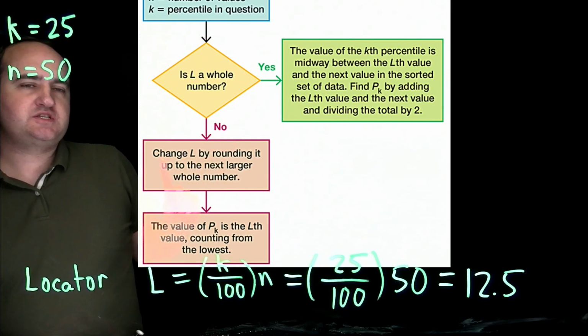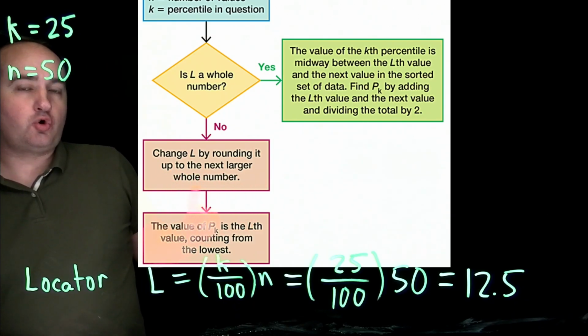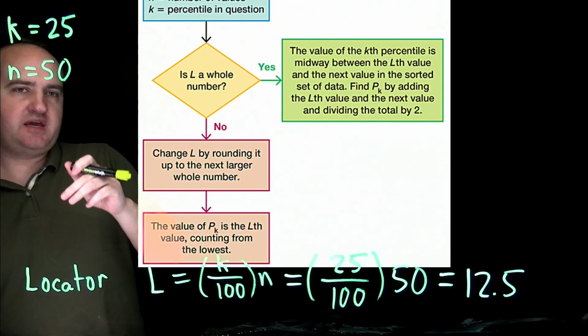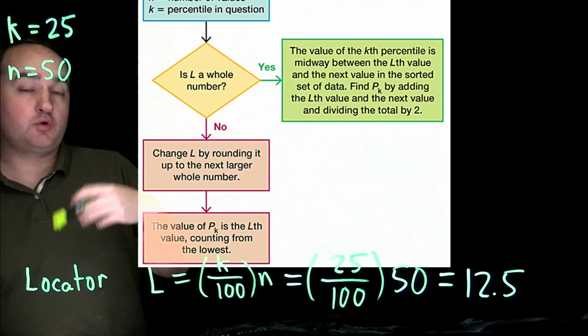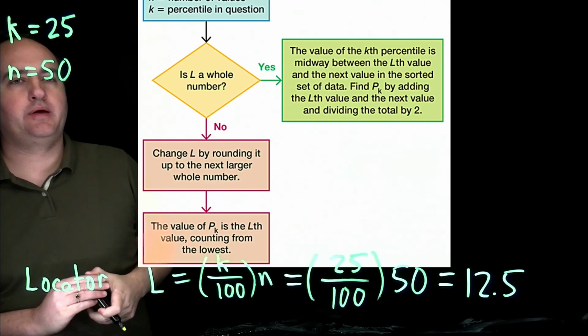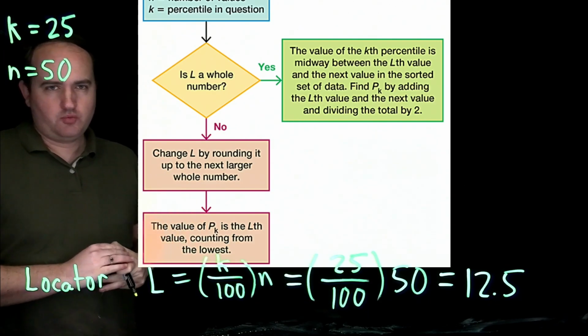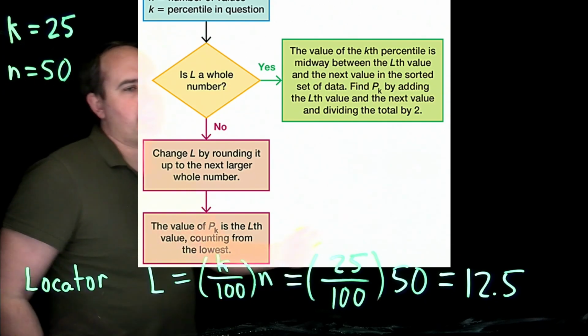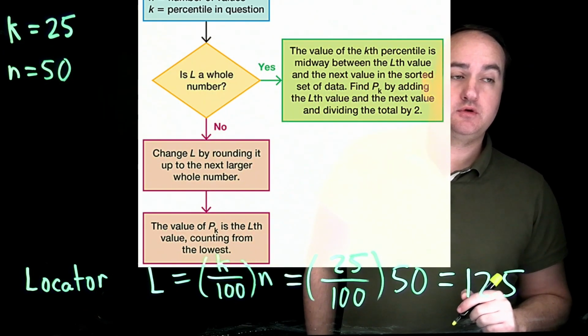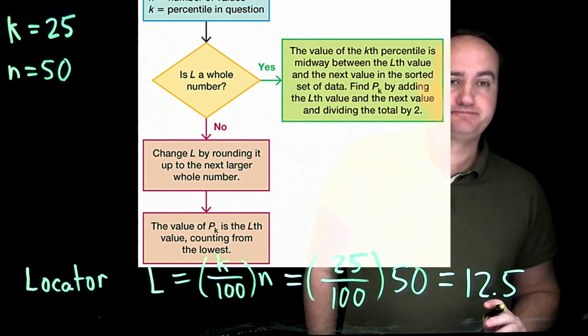So then what do we do? We change L by rounding it up to the next larger whole number. If you have a decimal, you always round it up when you're using the locator. So 12.5 should round up to 13.